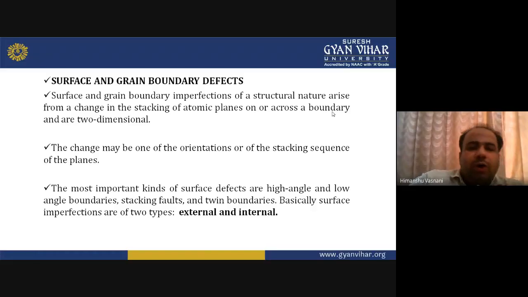I will show you with diagrams how high angle and low angle boundaries, stacking faults, and twin boundaries look, so you will understand in depth. Now I'll start off with the next slide.